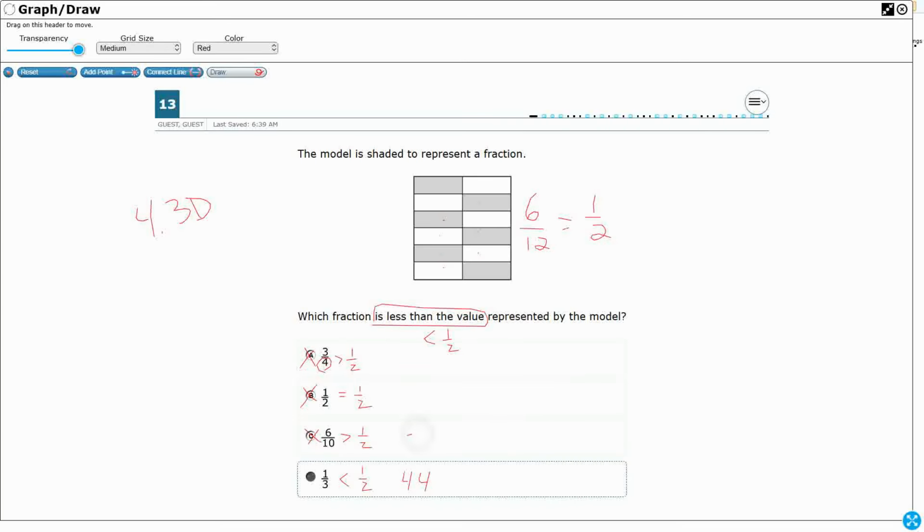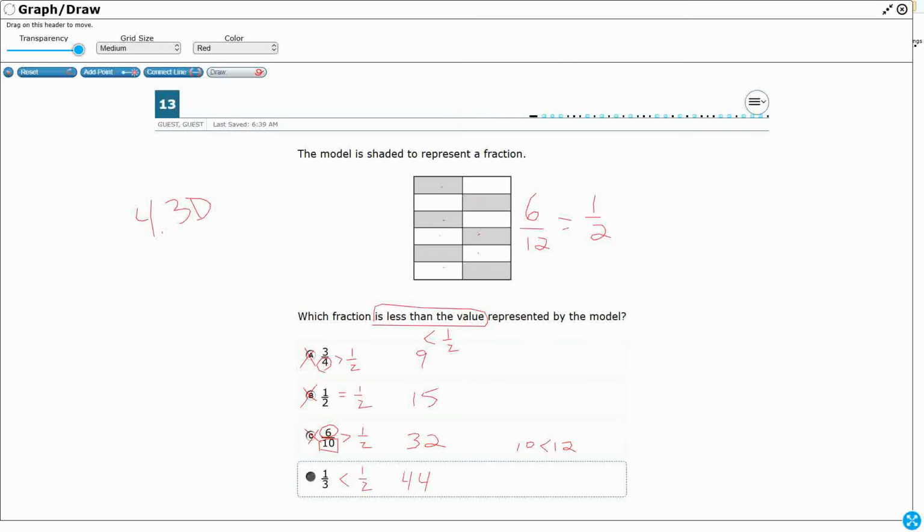Now, what's interesting is we had 32% of our students choose C, which is clearly greater than 1/2. But that probably lets us know that we had a large misconception around how fractions work. Because you see we had 6 shaded, 1, 2, 3, 4, 5, 6. And on this 10 right here, 10 is less than 12. It's because they know that there were 12 total pieces. And so the thinking might have gone, well, if 10 is less than 12, then it's going to be less than 1/2.